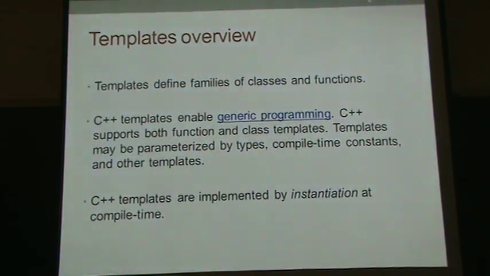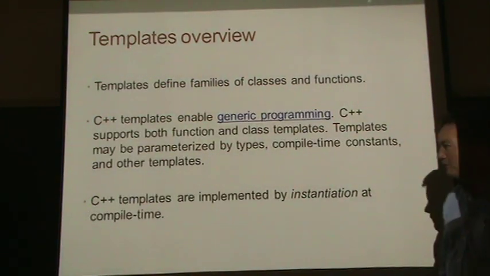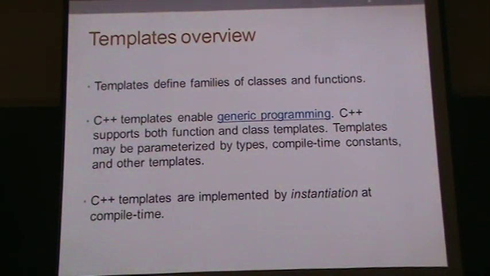C++ supports both function and class templates. Templates may be parameterized by types, compile-time constants, and other templates. This will all make sense in a second. C++ templates are instantiated at compile time.